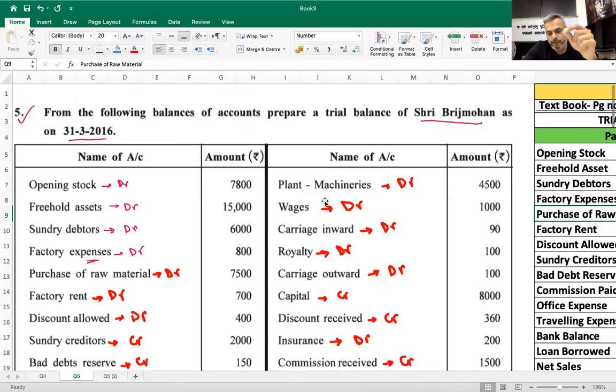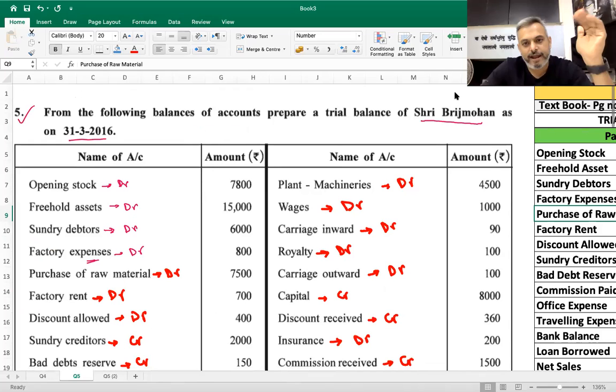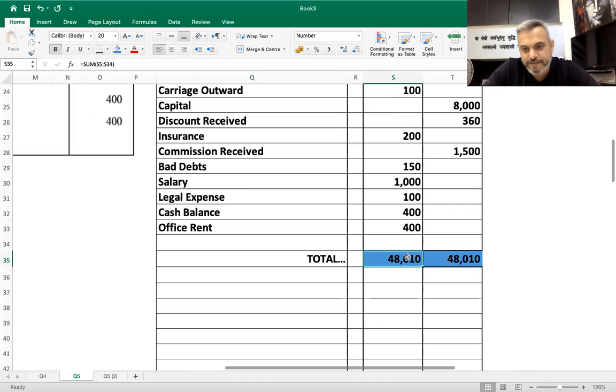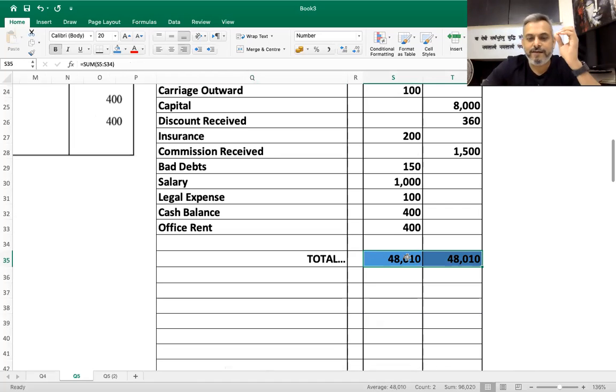You already know the process because we have already done the chapter on ledger posting, and from that only we prepared the trial balance. If you are still not thorough with that concept, then please watch the video lecture and go through the process once again.